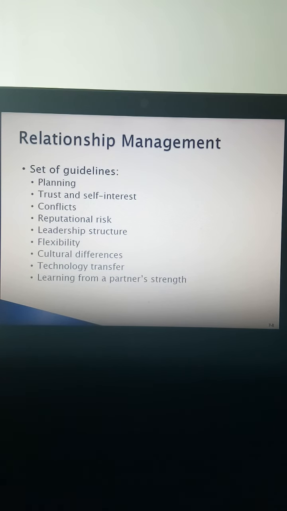Okay, number 3, conflicts. We have to expect conflicts will occur in any relationship. These partners must respond when conflicts occur and work proactively to resolve the issue. Okay, number 4 of the guidelines on strategic relationships is reputational risk. This should be taken care of. Why?